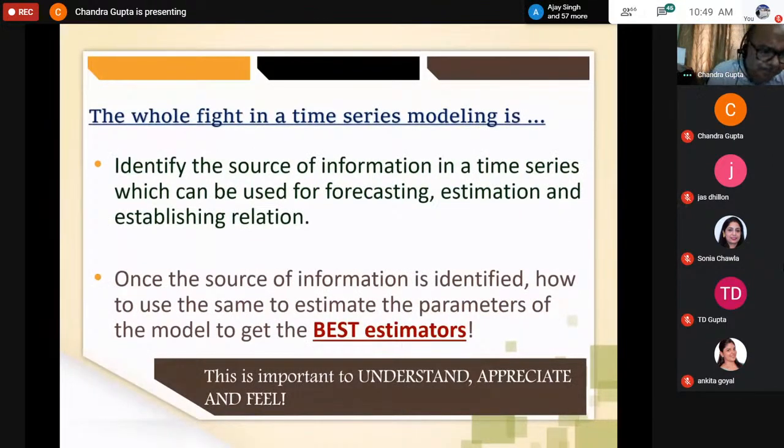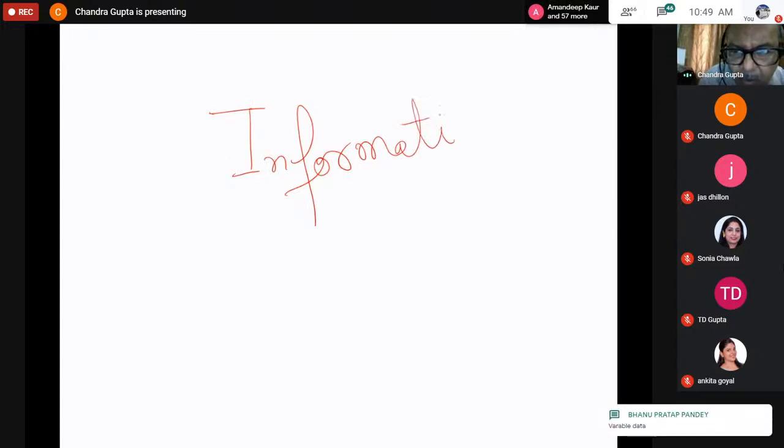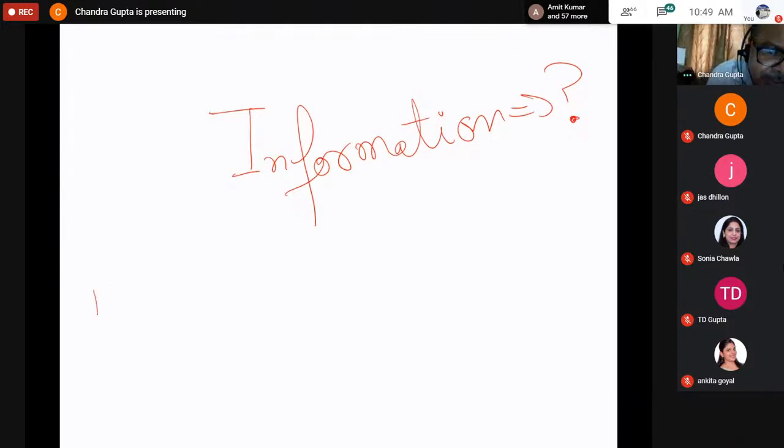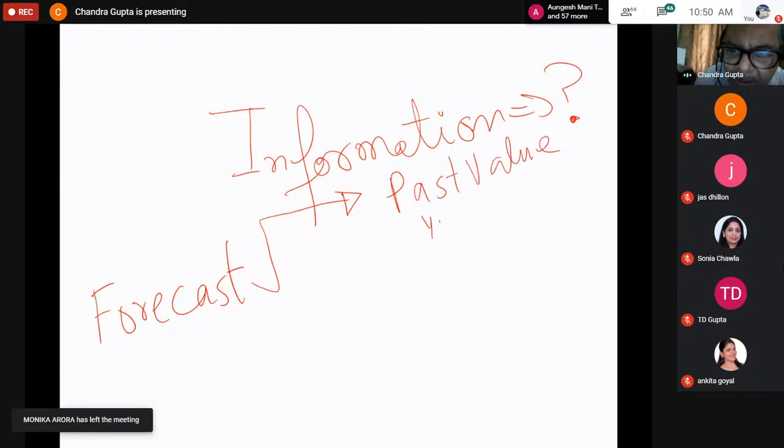Okay, so where the information is, now you can see. Suppose I want to make a forecast. I can take the information for forecasting from past values of my series, like yt minus 1, yt minus 2, and so on.